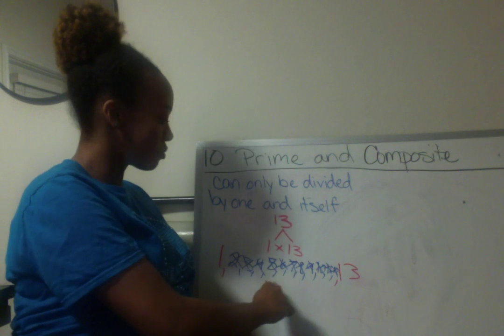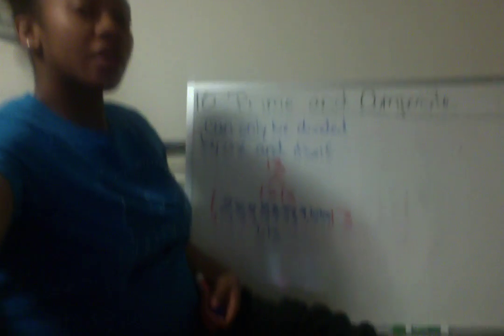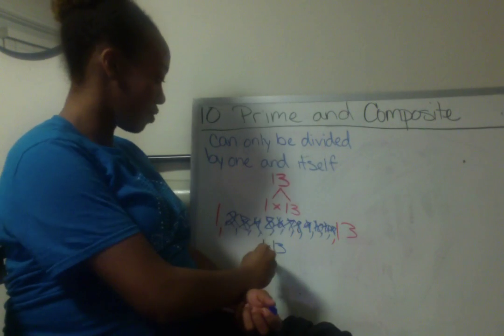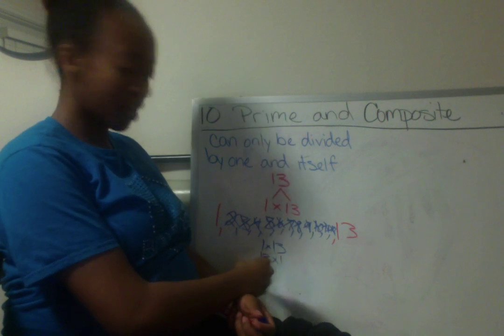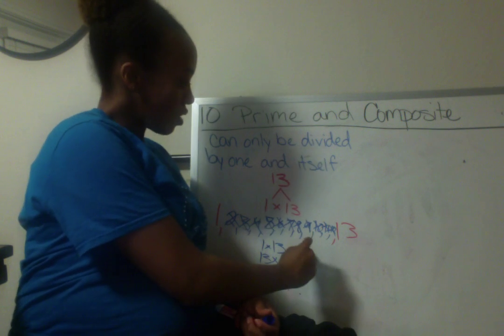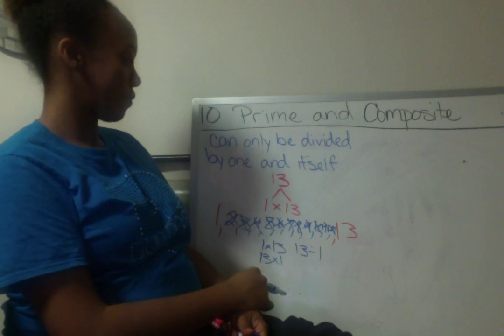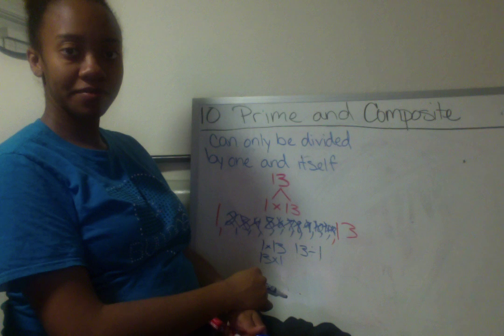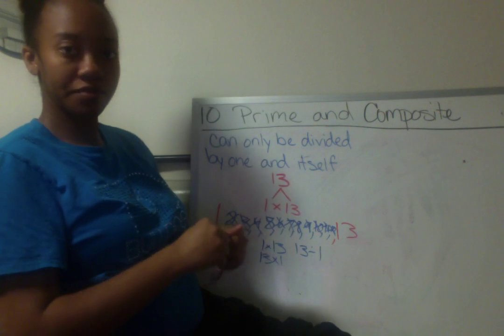I can do 1 times 13. I can do 13 times 1. Making a fact family, I can do 13 divided by 1. And that's it. So 13 is a prime number.